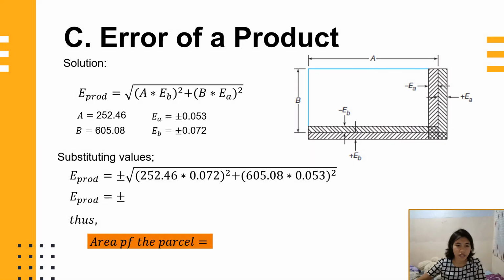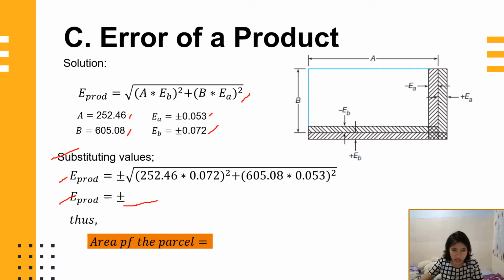So here is the solution of the problem. The error of the product. We're going to use the formula where A is given, the measurement of A, which is 252, and the error EA is this one. For B, the length of B and the error of B. We are just going to substitute the values, and you can compute the area.